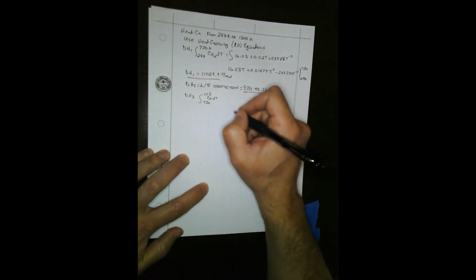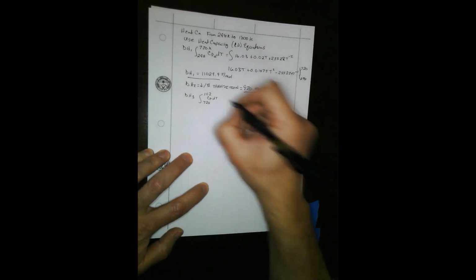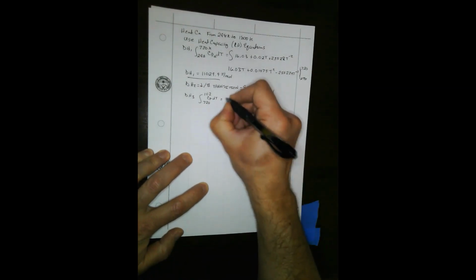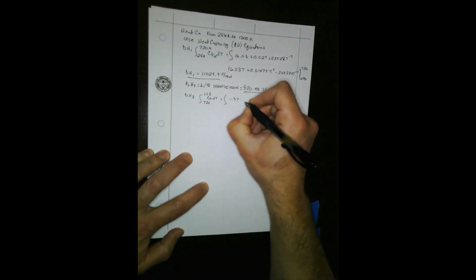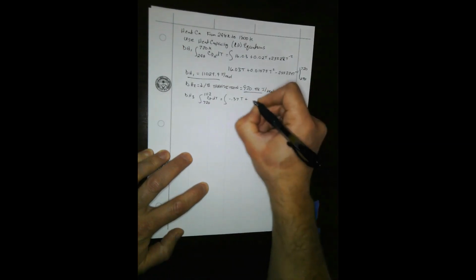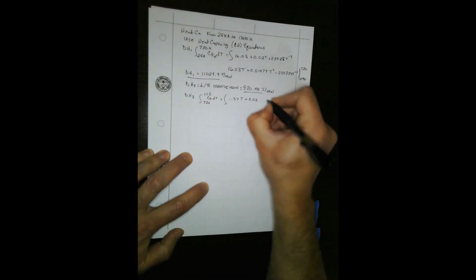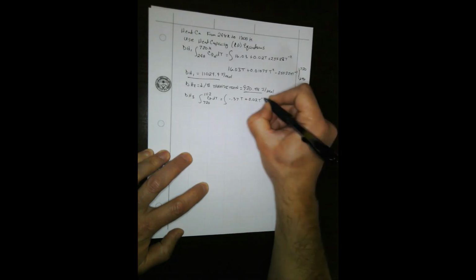And that is the integral of negative 0.37 plus 0.04 T. Oh, I made a boo-boo.